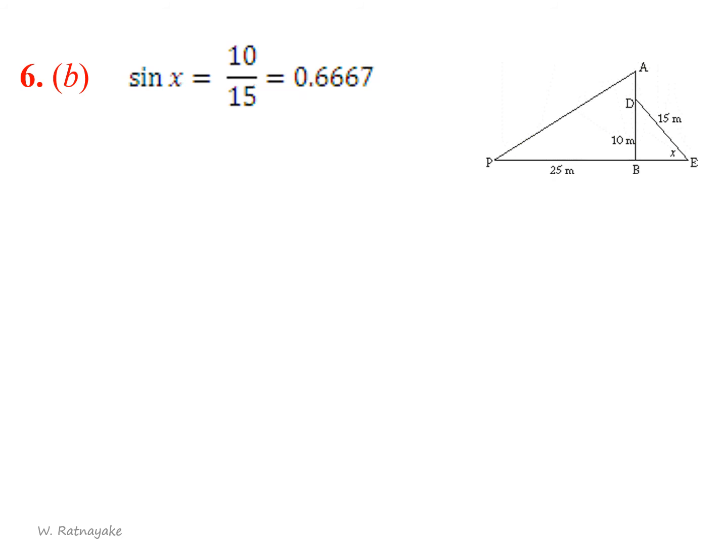Now, to find x, what we have to do is to use the trigonometric table of natural sines and see what is the angle related to the ratio 0.6667.